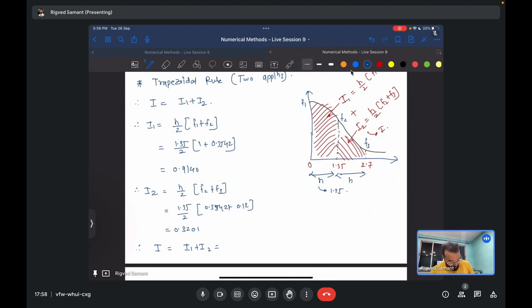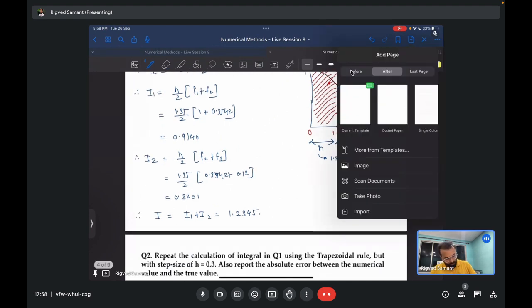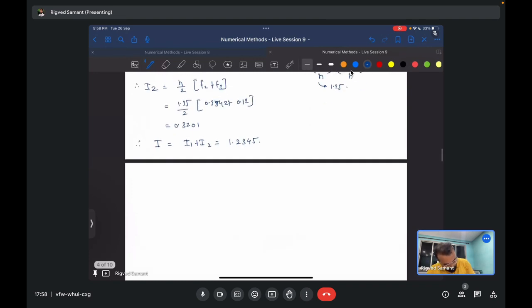That is 1.2345. Okay, this is the way you get the final value. So what would the error be? Error would be 1.216, that is your true value that we calculated analytically, minus 1.2345. So error is 0.0185.